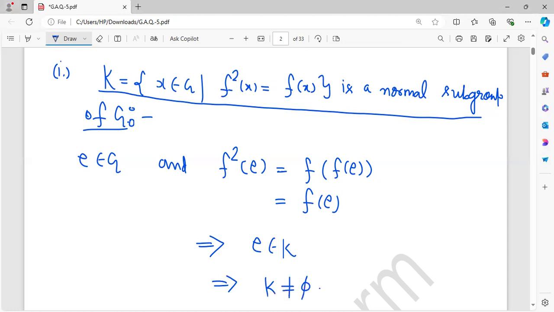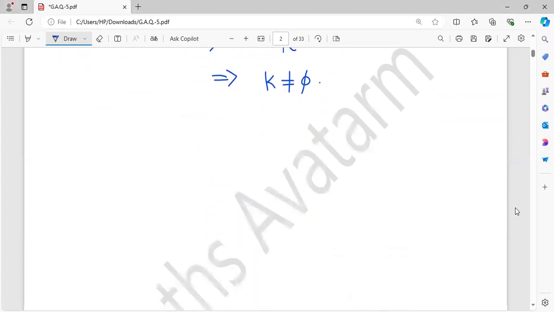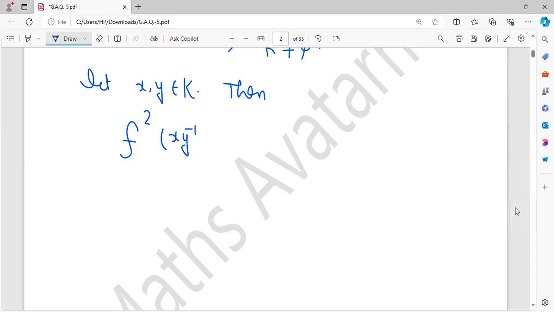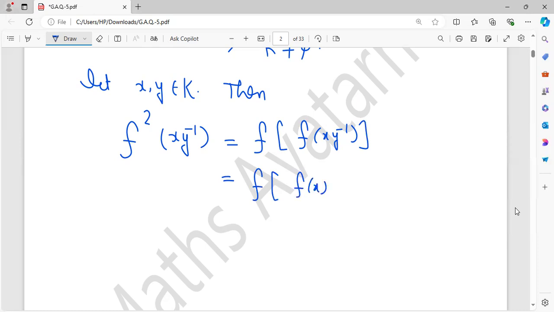Okay. Now, second one, let x, y belong to K. Then f²(xy⁻¹). What is this? This is nothing but f(f(xy⁻¹)). So this is f(f(x)f(y⁻¹)) by property of homomorphism.